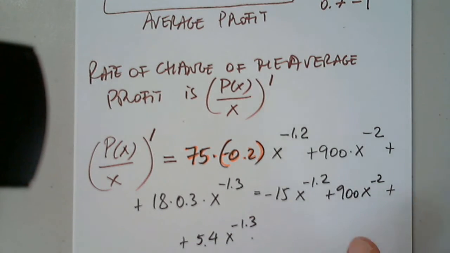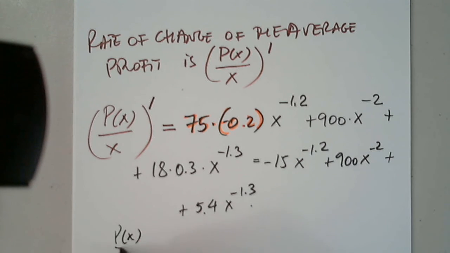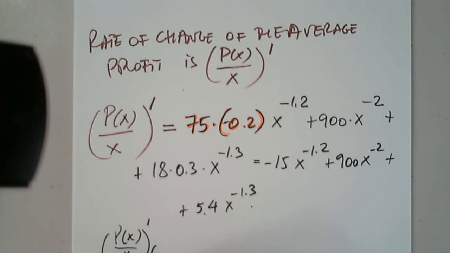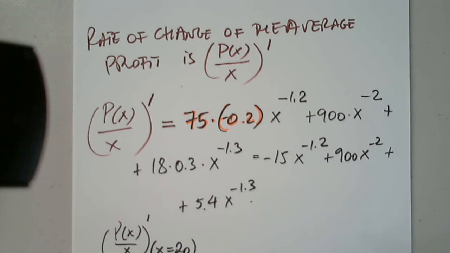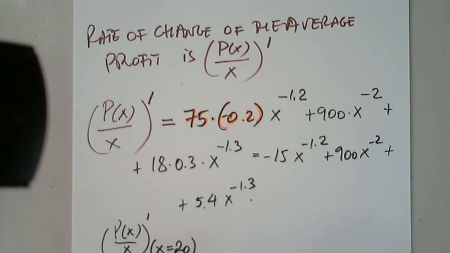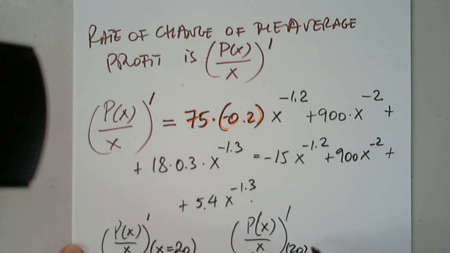This was 900 x to negative 2. And I multiply this and I think I'm correct. And this. Now I will find P of x over x prime when x is 20. We can just write parentheses 20, that's fine. So P of x over x prime at 20.